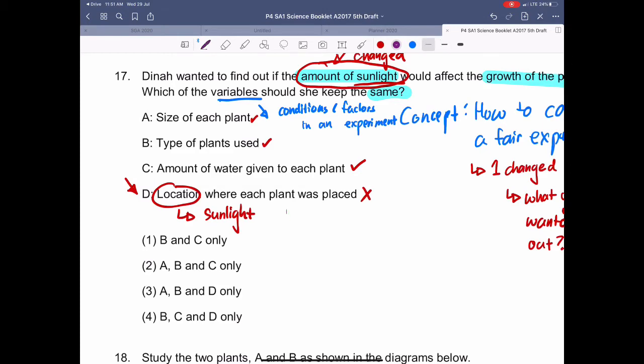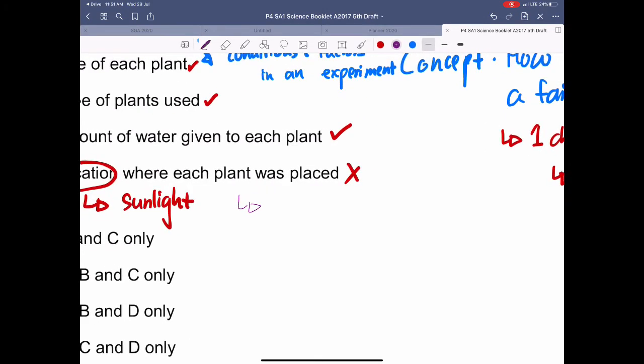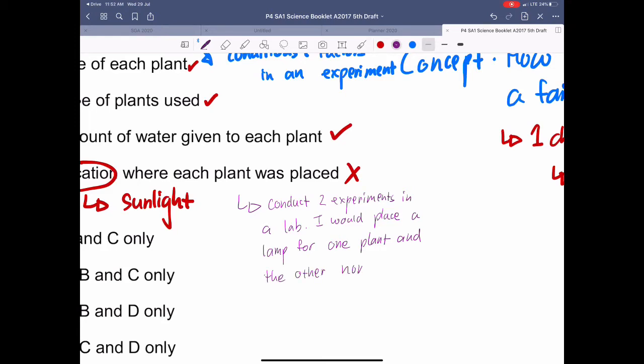I would modify this experiment and conduct 2 experiments in a lab. I would place a lamp for one plant and for the other, none.